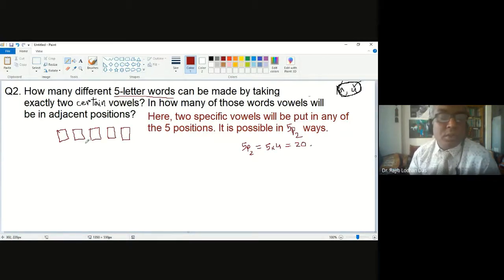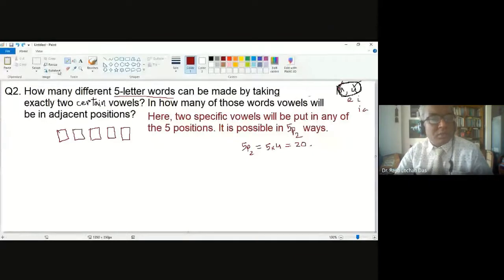Now you do not know which two. You are sure about two letters, maybe A, U, or maybe E, I, maybe I, A, any two, but you are not sure about two positions. Maybe second and fourth, maybe first and third, maybe any other positions. But one thing is sure, two positions are filled up. So you go for the next calculation.